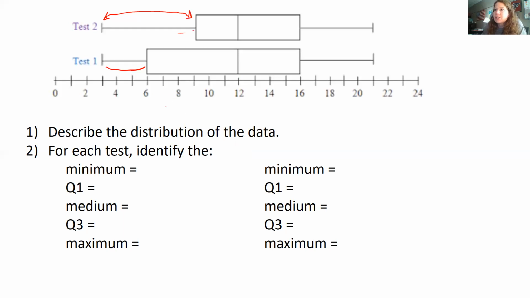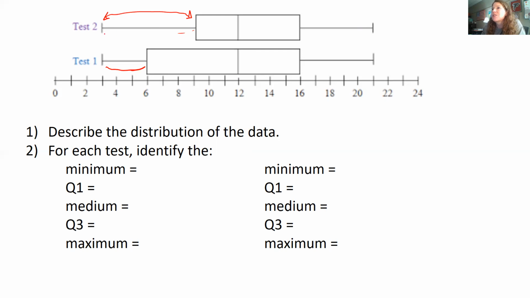Now, one of the disadvantages of a box and whisker plot, if there is one, is that you don't know how many total numbers are represented on the whole box and whisker plot. So with a box and whisker plot, you wouldn't be able to find the mean. You can find the range, you can find the median, you can find that interquartile range, and so we'll talk about all that. So if this is 50% of your picture and this is 50% of your picture, you would say it's very symmetrical.